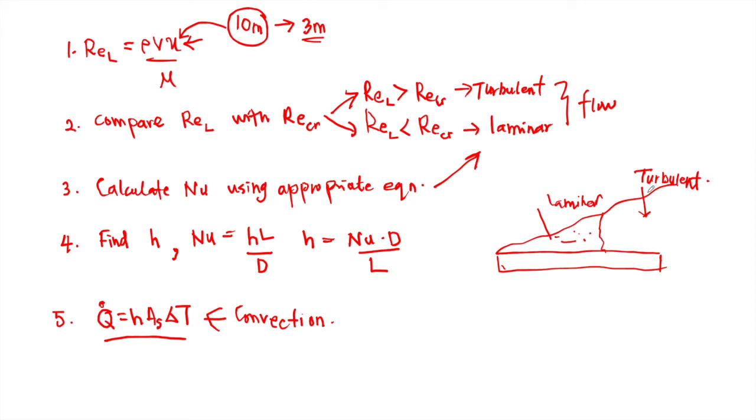So what will happen if laminar and turbulent flow are significant?